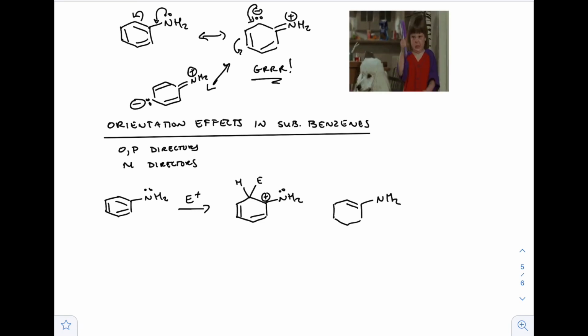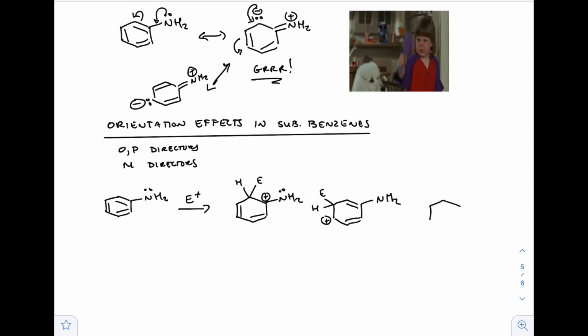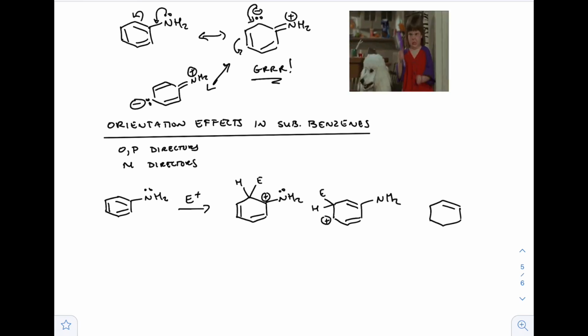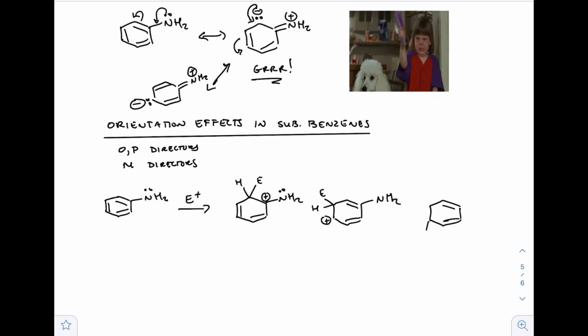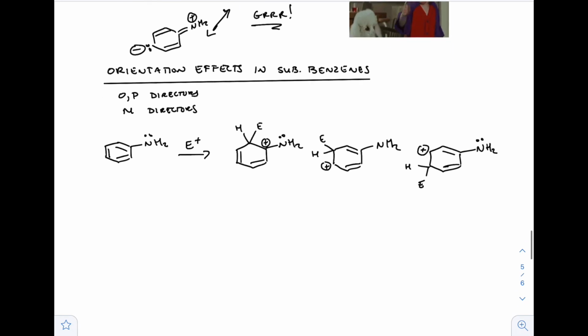So if we were putting the electrophile at the ortho position, we can put a positive charge right at that carbon where the nitrogen is. If we put it at the meta position, we would have a positive charge at the para position. And then we can put the electrophile at the para position, and that puts the positive charge on the meta position.